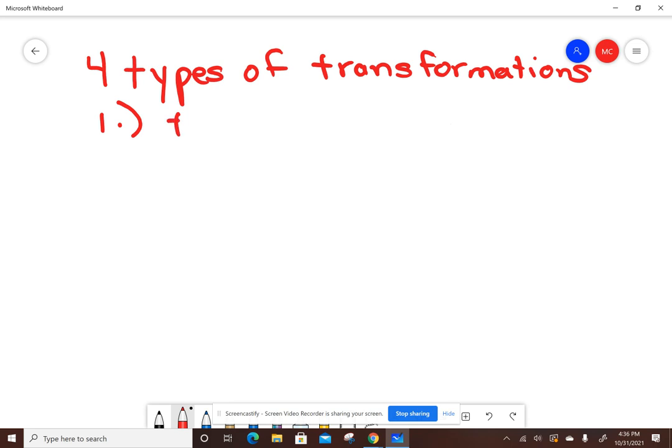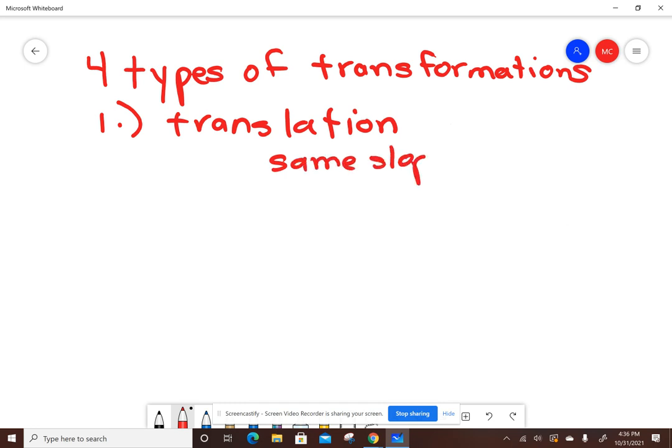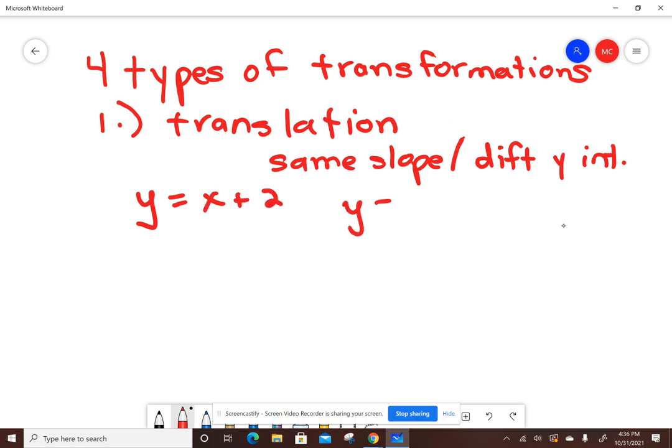Number 1 is a translation. And a translation has the same slope, but a different y-intercept. Examples would be y equals x plus 2, y equals x minus 3. Notice it's whenever you add or subtract, you translate.